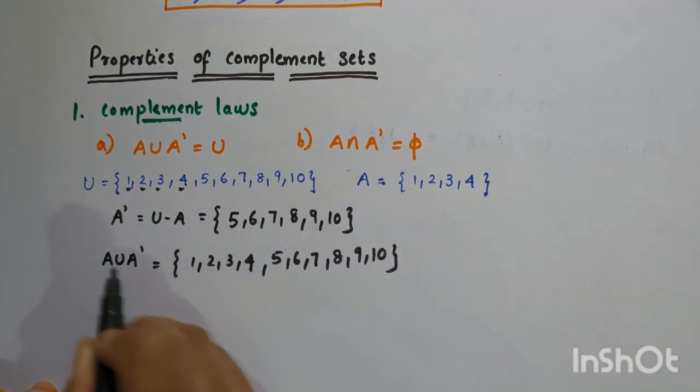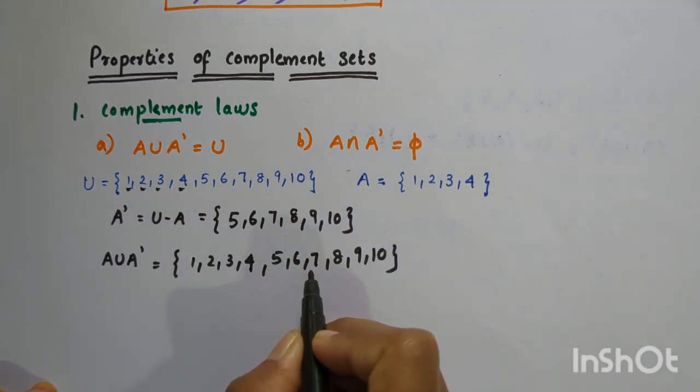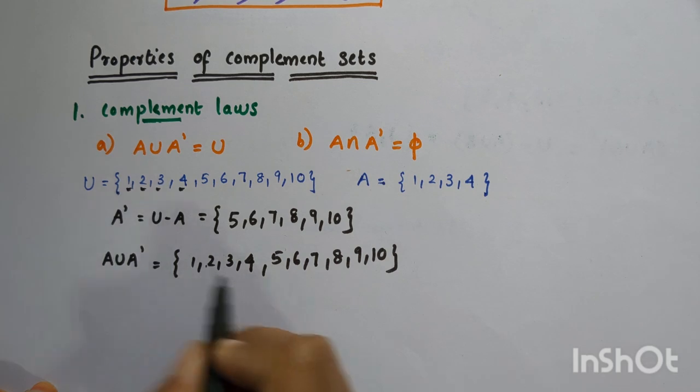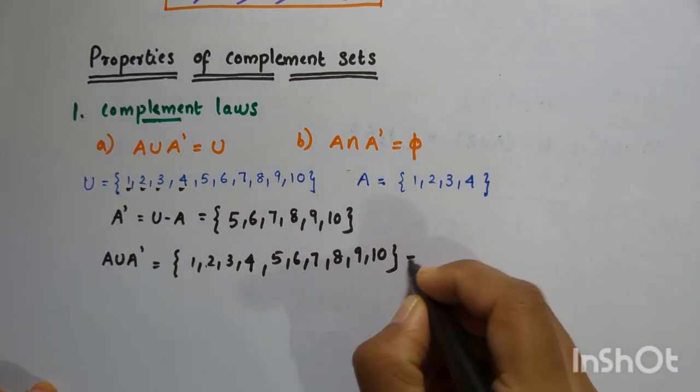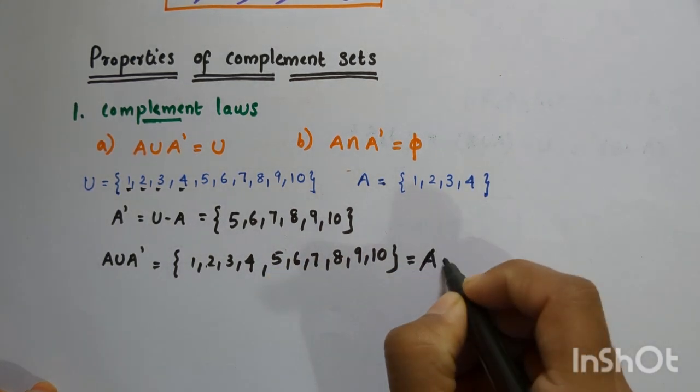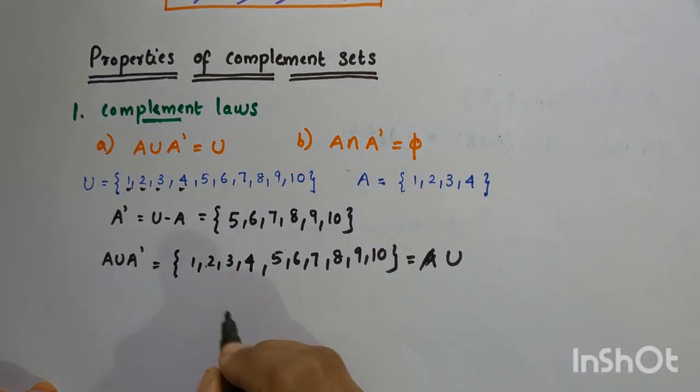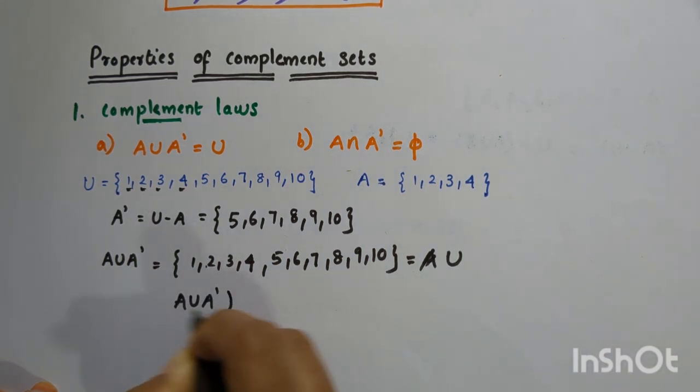So A union A complement is 1, 2, 3, 4, 5, 6, 7, 8, 9, 10. Now you see, this is the universal set. So A union A complement is equal to the universal set U.